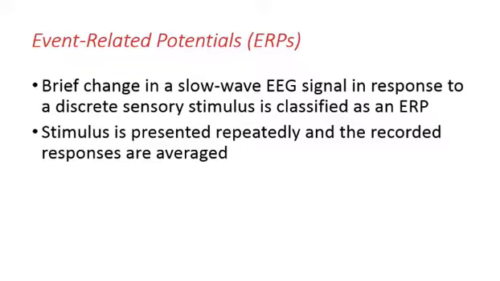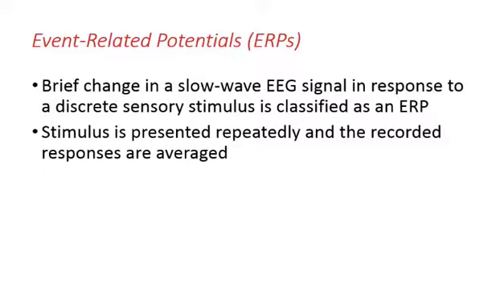A very simple stimulus, like a tone of a particular frequency, is presented repeatedly, and then the recorded responses on the EEG are averaged. And there's this technique called the auditory oddball, where there's a low frequency tone that is played continuously. Boop, boop, boop, boop.